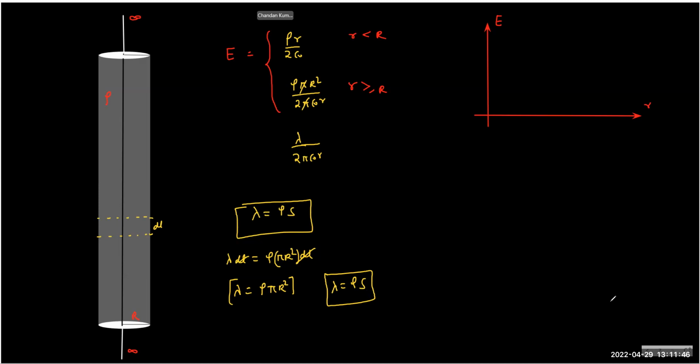So now we can go to the next concept. Can I do it for the hollow cylinder? Let me do this first.